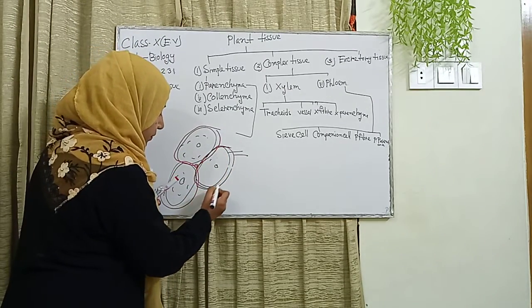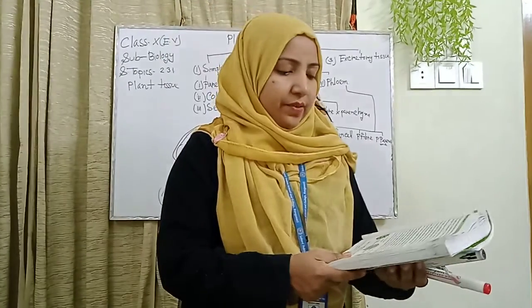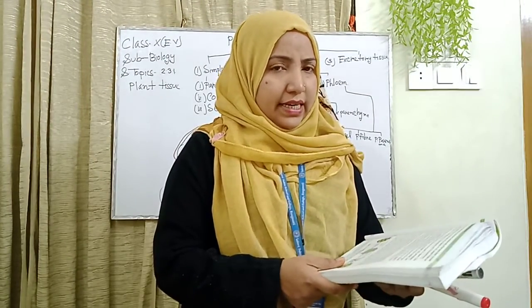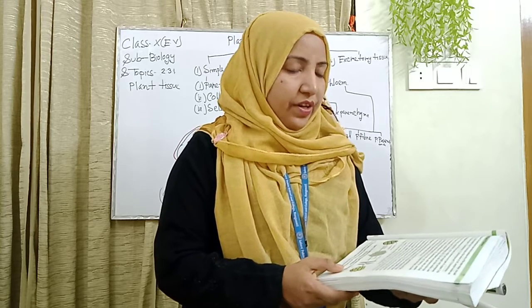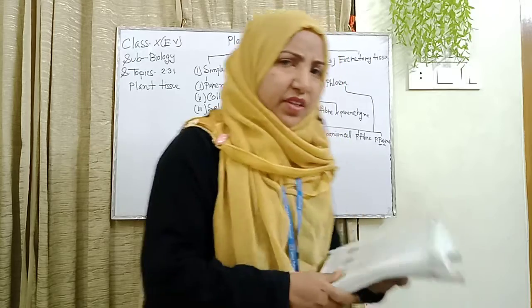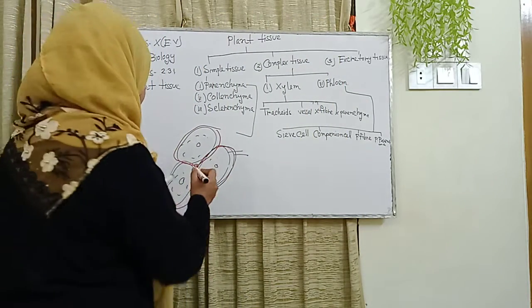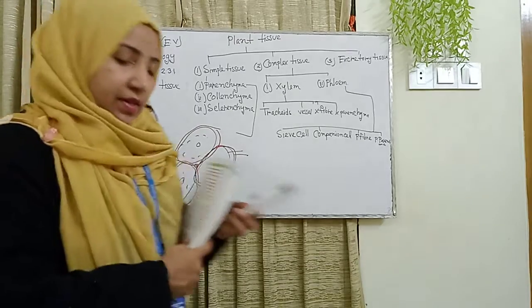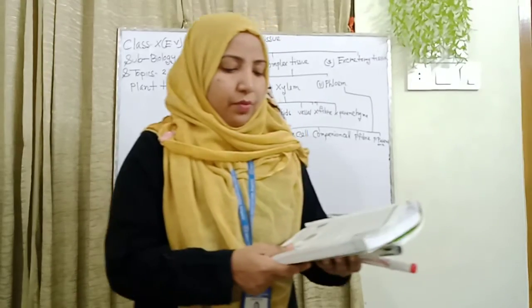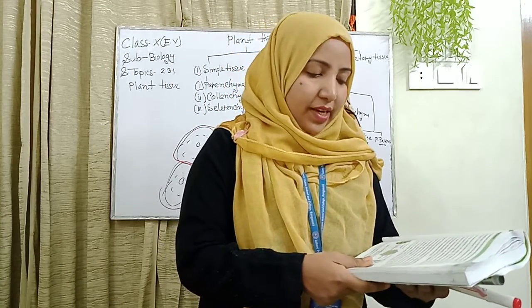The cells are elongated and filled with protoplasm. Intercellular space may be present; sometimes it is present and sometimes it is not. And the borders of the cells may be triangular, slim or oblique.